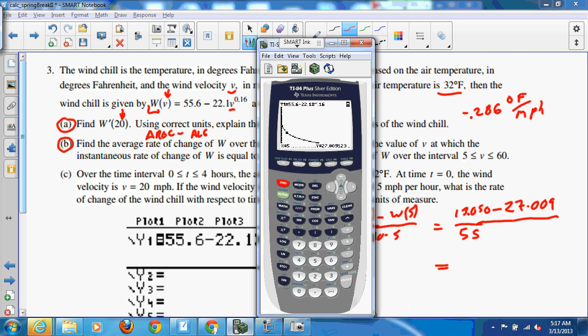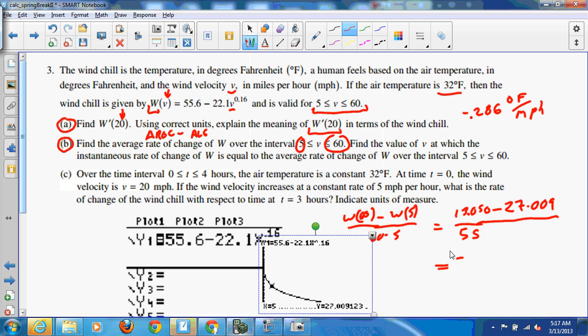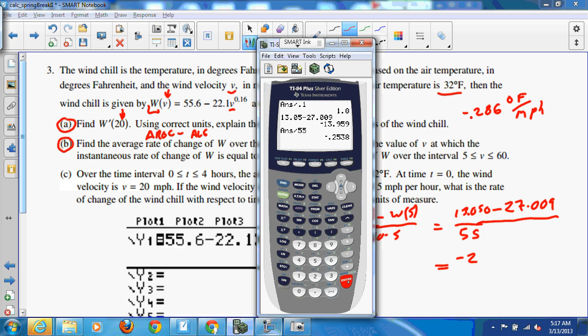Okay. And divide that by 55. And we get negative, what was that, 0.236.